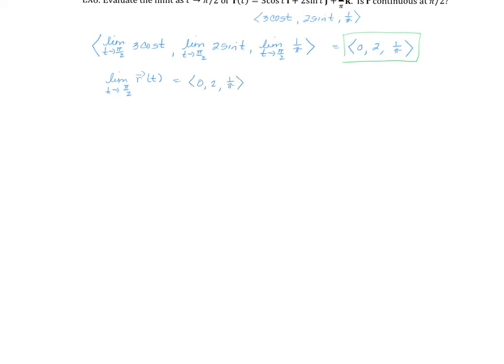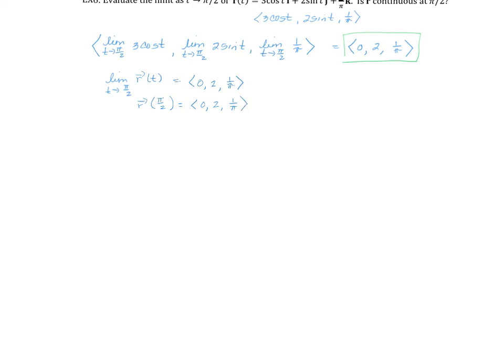So remember, it says that if the limit is equal to the value of the function, then it's continuous. If we put in pi over 2 into our vector function, we get 0, 1 over pi.